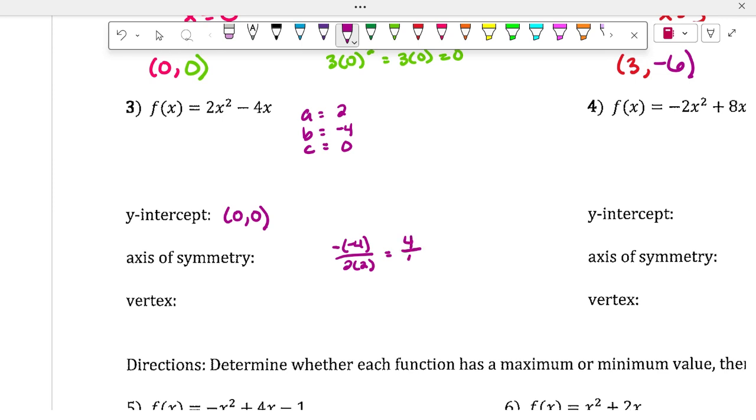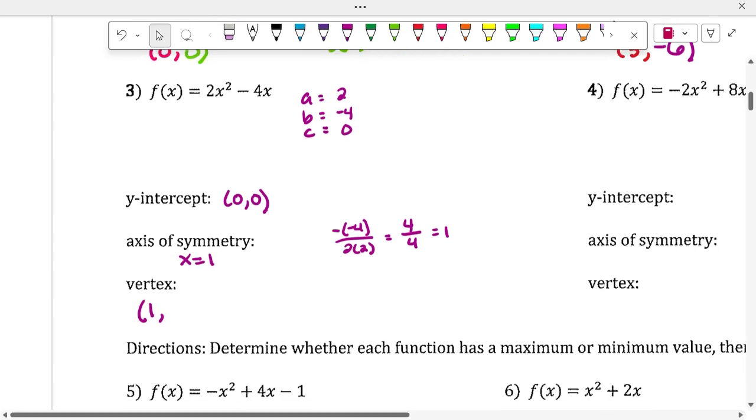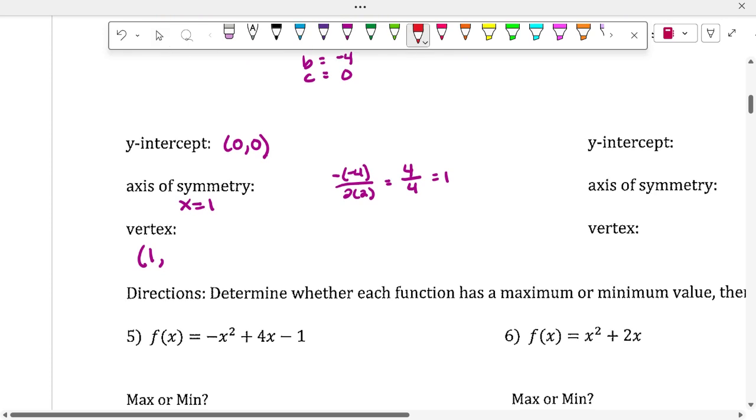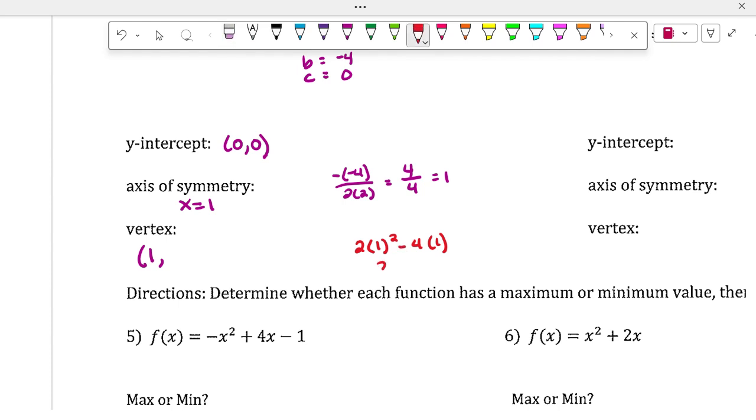So that'd be 4 over 4, which is what? 1. So write x equals 1. That's the x value of my vertex as well. Plug it back in. I get 2 times 1 squared minus 4 times 1. So that'd be 2 minus 4, so negative 2.